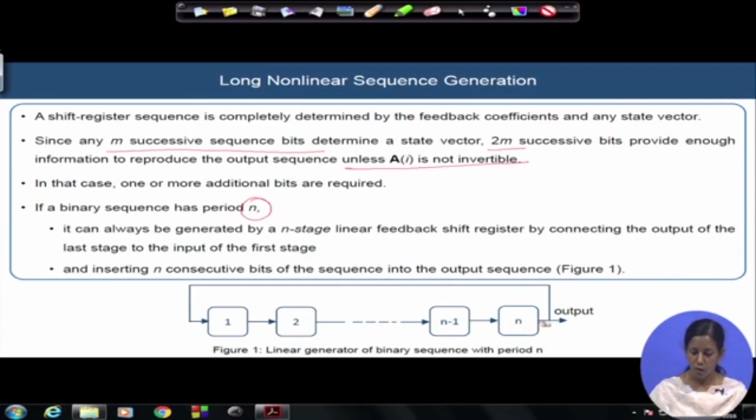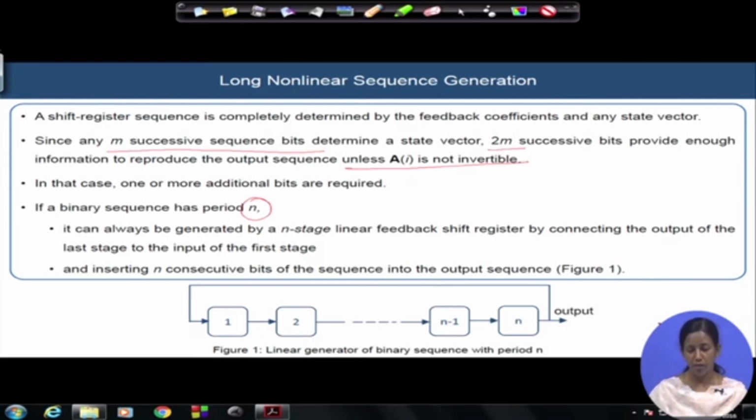This is very fundamental: if there are n stages of feedback, because the period is equal to n, I put n memory stages here, connect the output to the input directly, and insert the n consecutive bits of the sequence that we have observed.